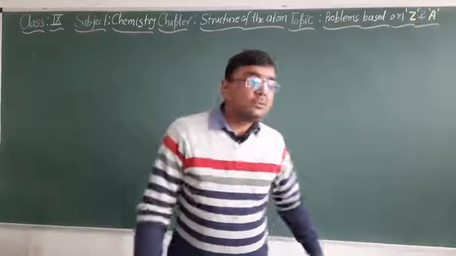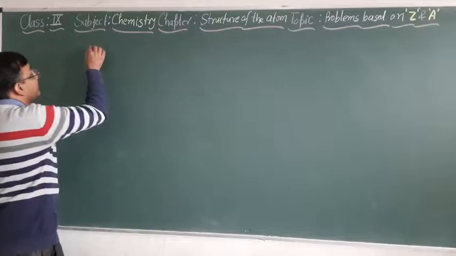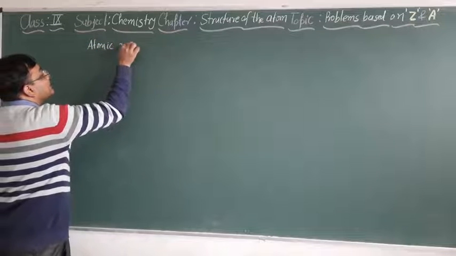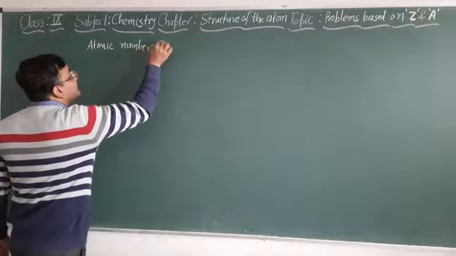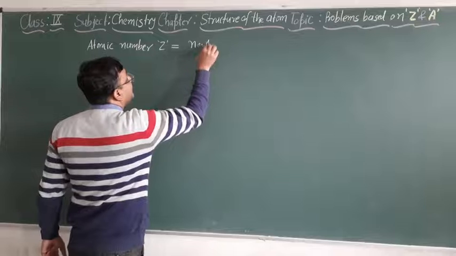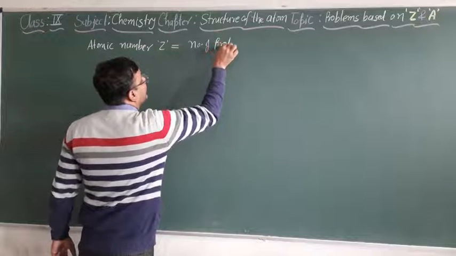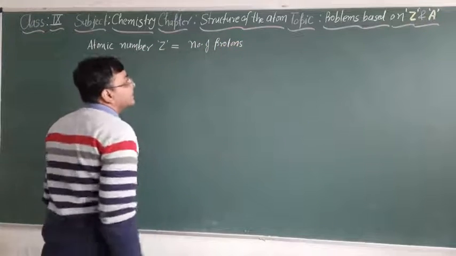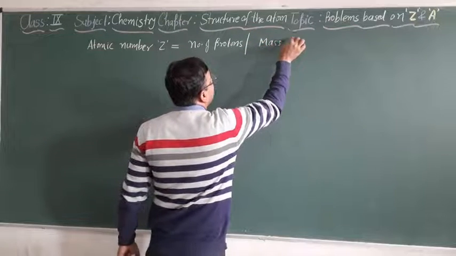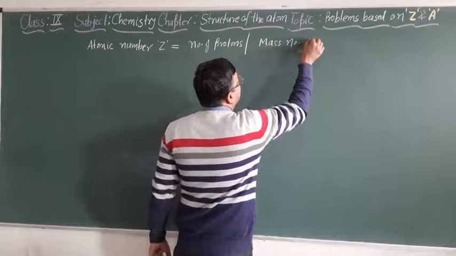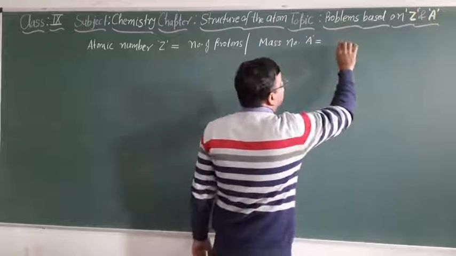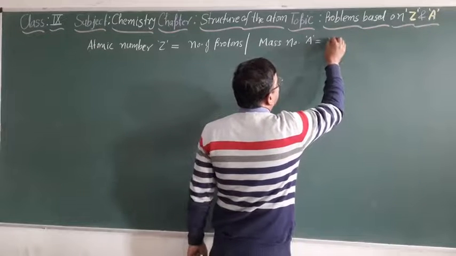As we know that atomic number Z is equal to number of protons, and mass number A is equal to the sum of the number of protons and neutrons.